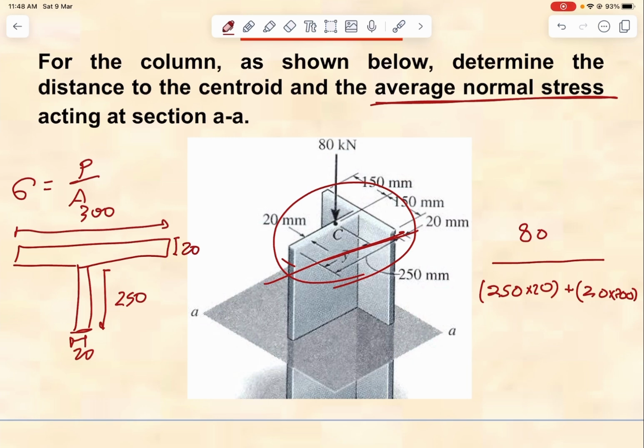The force on it is 30 times 10 to the power 3. So we got it as 7.27 megapascal.